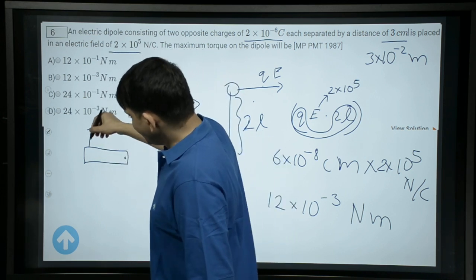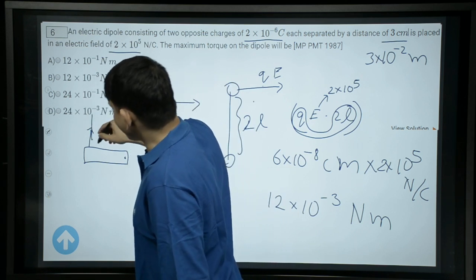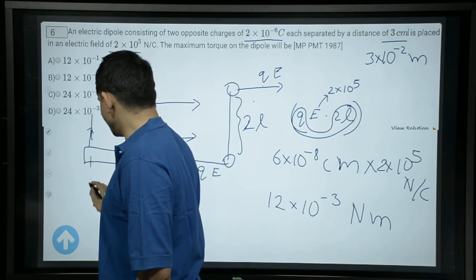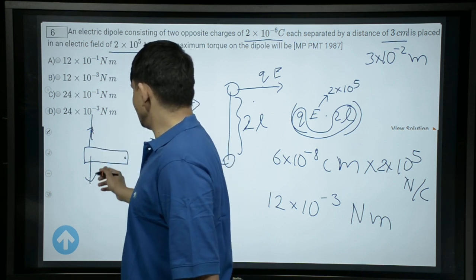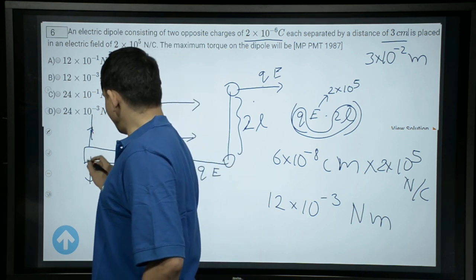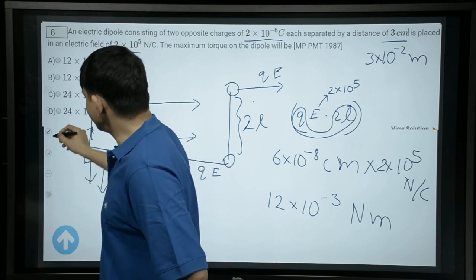So let's say I'm holding it with a thread. Some tension is acting in the upward direction, and there is some weight. The weight of this thing is acting from its middle.